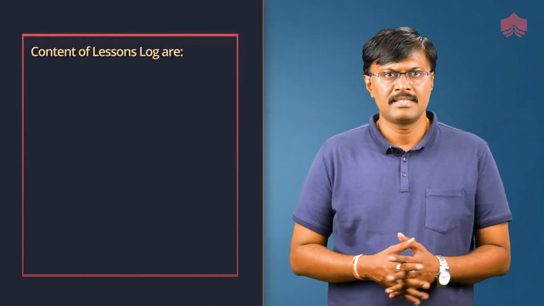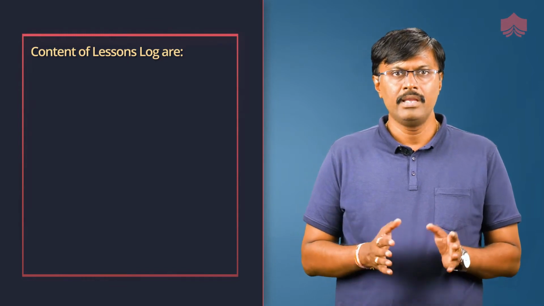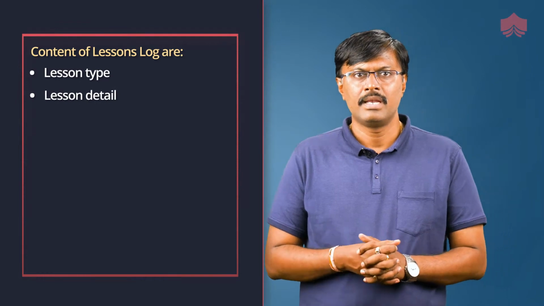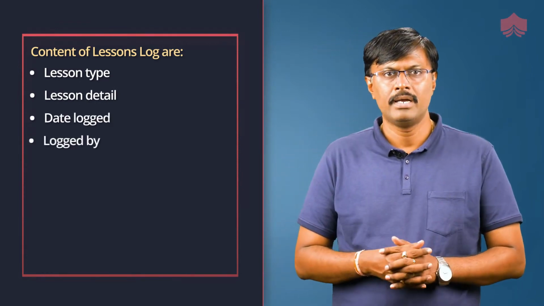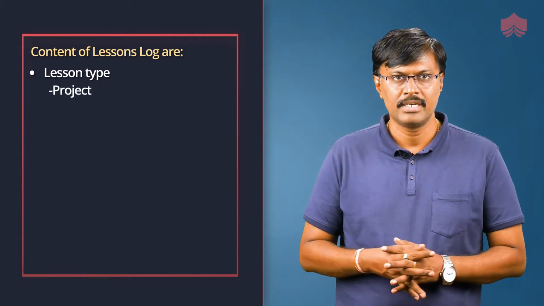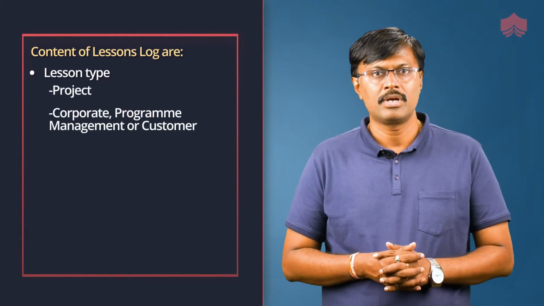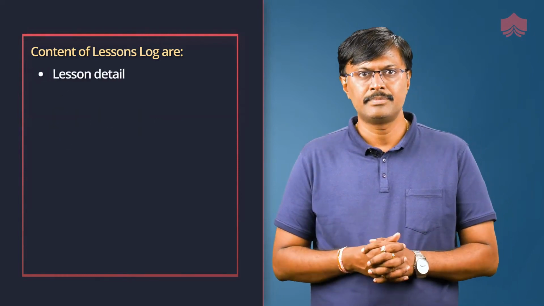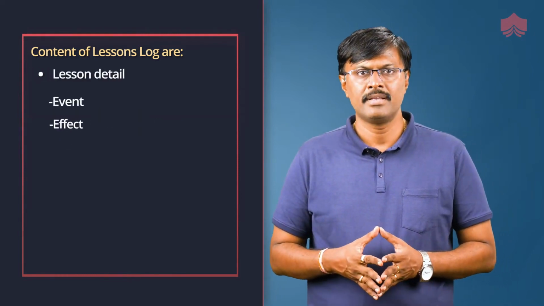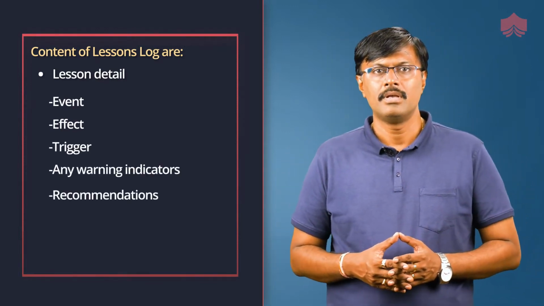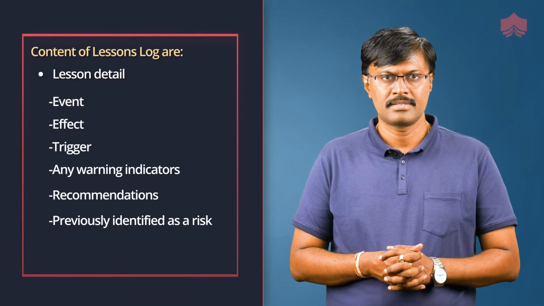The contents of a lessons log are mainly lessons type, lessons detail, date logged, logged by, and priority. The lessons type captures the details of the project, corporate program management or customer, or both. Lessons details captures event, effect, trigger, any warning indicators, recommendations, and whether it was previously identified as a risk.